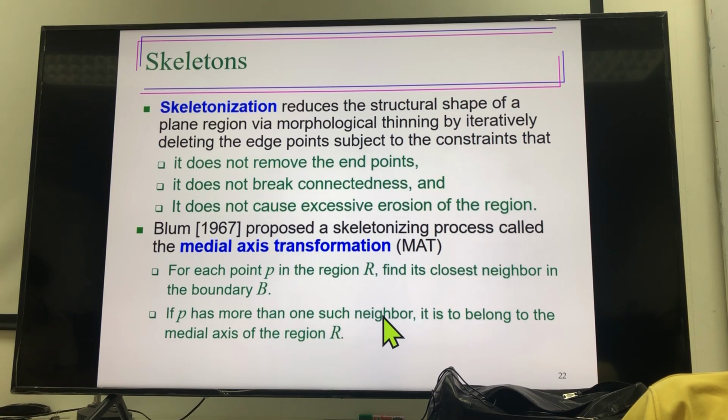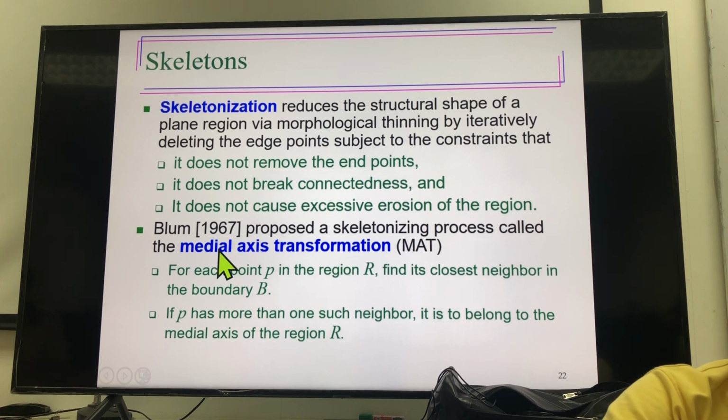Usually, the skeleton is done iteratively by deleting the edge points, subject to certain constraints. Usually it does not remove the endpoints, it does not break any connectedness, and it does not cause extensive erosion.